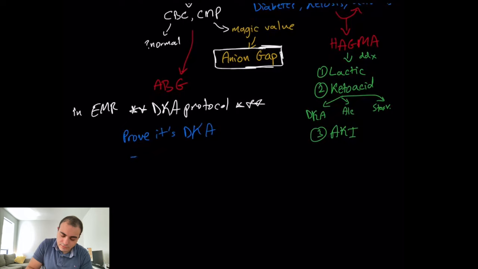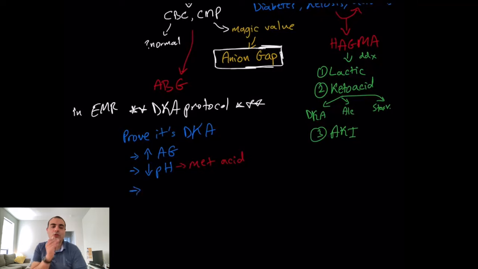First, you have a high anion gap. Then you have a low pH, and it's a metabolic acidosis. What else? How else can you prove it's DKA? Ketones. Which ketones are you gonna test?